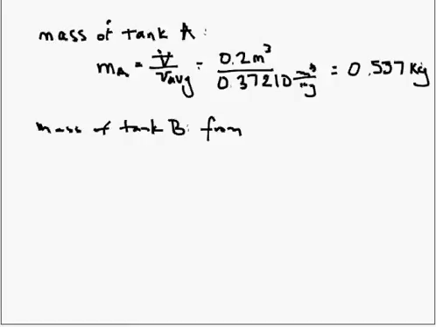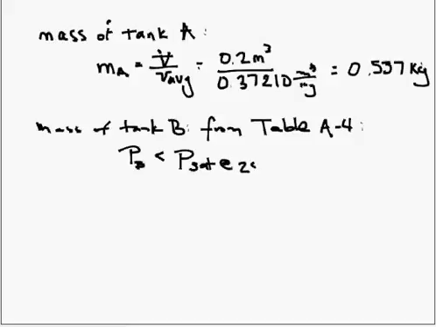And that will tell us if we are saturated, saturated mix, subcooled, or superheated. Okay, so from table A4, we find that the initial pressure of tank B is less than the saturated pressure at the given temperature of 250 degrees C. So, we are superheated.